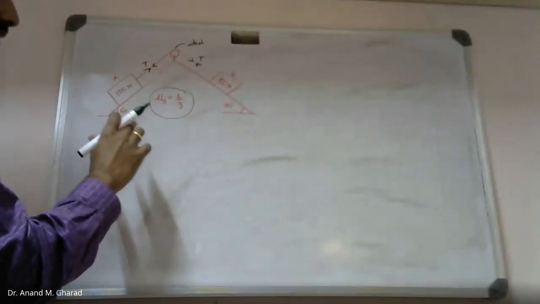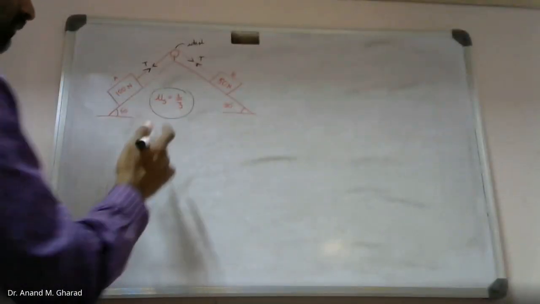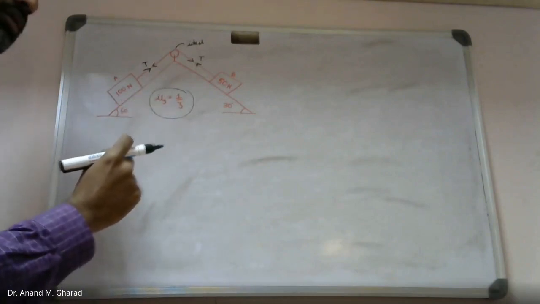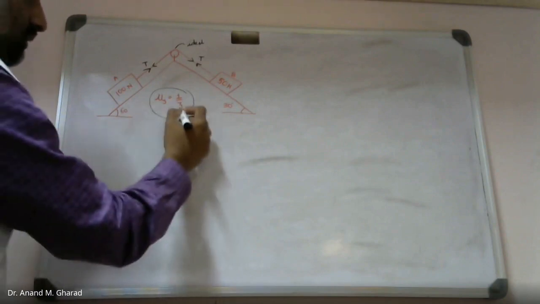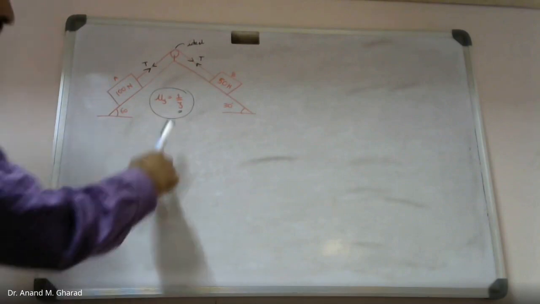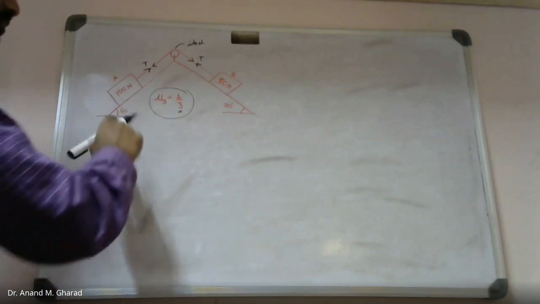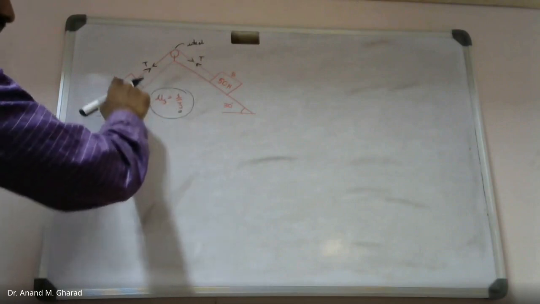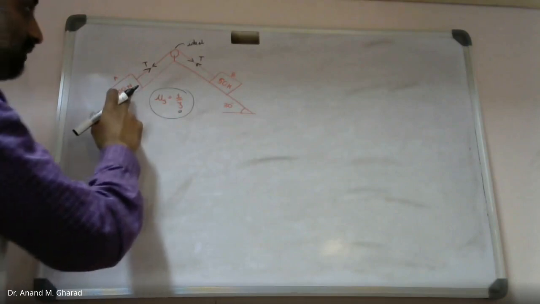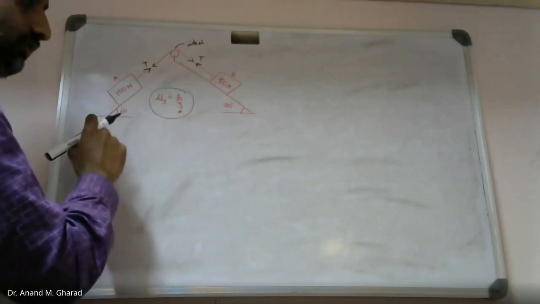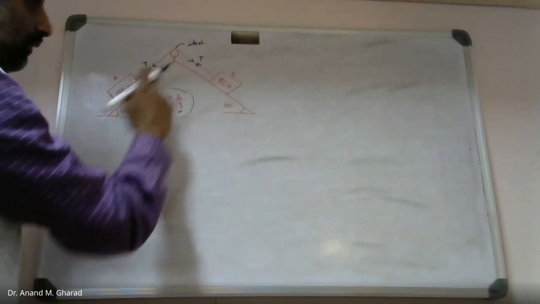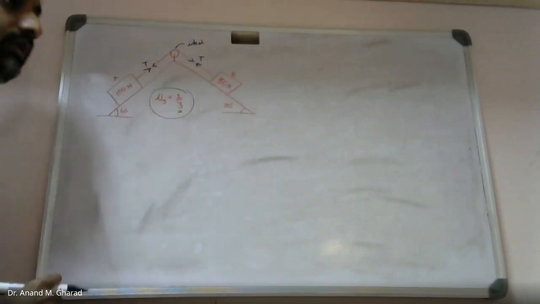The frictional resistance that can be offered by the surface, that value is not directly given, but it is given in the form of µs, the coefficient of friction. So based on this, we can identify the actual motion of blocks A and B. Okay, so let us try to identify in which direction each block will move, whether block B moves upward or this moves upward. That's what we need to identify.